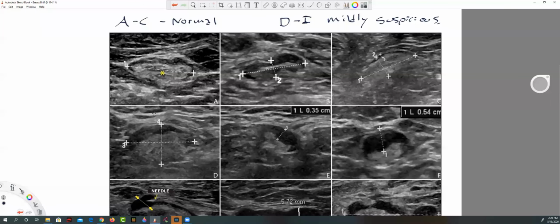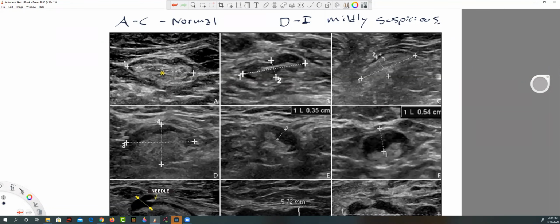A through C, in other words, all of these, I'm sorry, the top row, normal lymph node. When we look at this lymph node, that is a huge fatty hilum. That is good. Nice thin cortex. This basically looks like a tiny little kidney, doesn't it? Well, if it was a kidney, it'd be sinus lipomatosis, and that would be bad. But it's not a kidney. It is a lymph node, and that looks good.